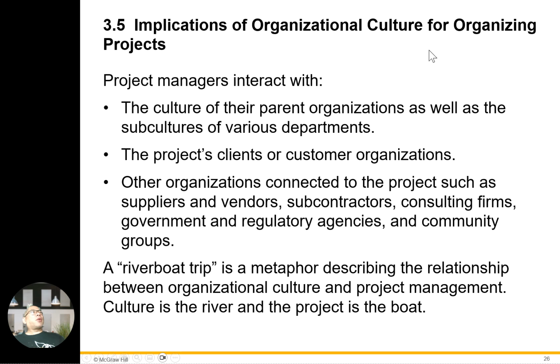3.5 Implications of organization for organizing projects. Project managers interact with the culture of their parent organization as well as the subcultures of various organizations: the project clients or customer organizations; organizations connected with the project such as suppliers, vendors, subcontractors, and consulting firms; government and regulatory agencies; and international community groups. The riverboat trip is a metaphor describing the relationship between organizational culture and project management culture.